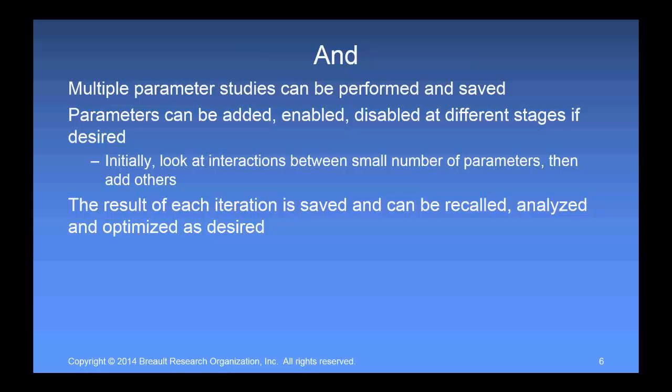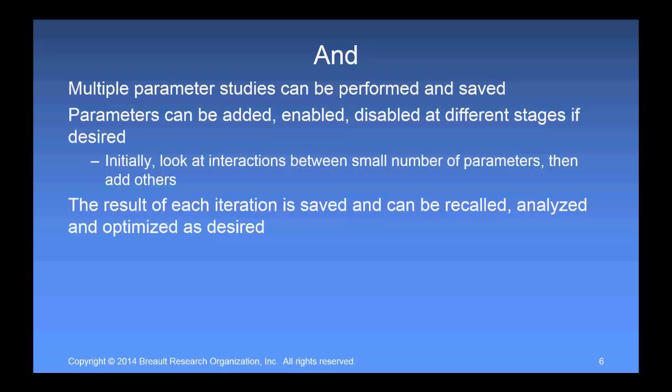Additionally, you can perform multiple parametric studies and save them with your design. So when you come back and reload the design tomorrow or 6 months from now, that information is all available to you, so you can go back, reanalyze the data, make changes, and continue on with your design work.